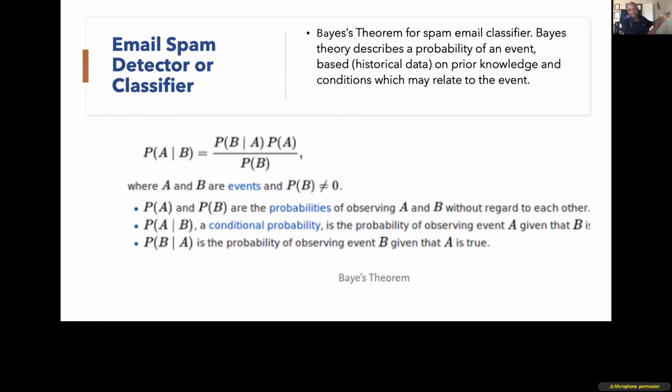But I have more, which I'll be able to share the link with you. The next one will be the email spam detector, or the classifier. Now remember the Bayes theorem for the spam email classifier. This is a theory which describes the probability of an event. If you toss a coin, we don't know if it's going to land on the head or the tail.